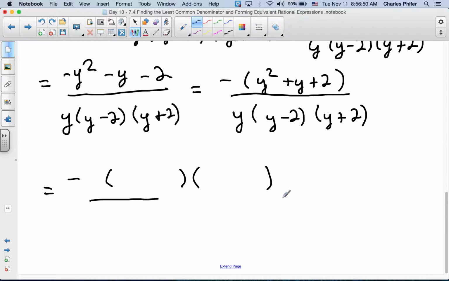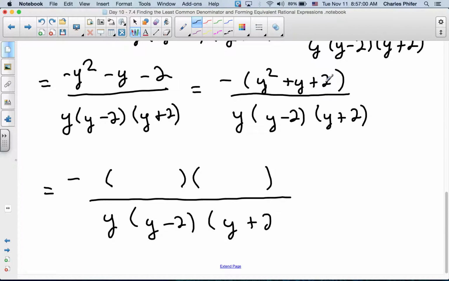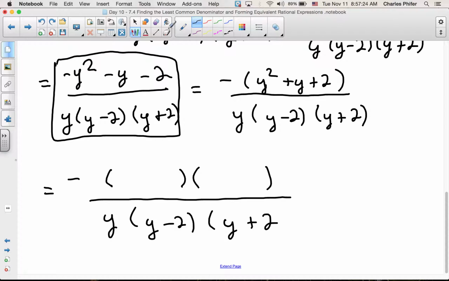Two numbers that multiply to give you 2 and add to give you 1, no good. Because the only factors are 2 and 1, and we can't get to that 1. So, since we can't factor that, we would actually stop here. So all of this is all extra.